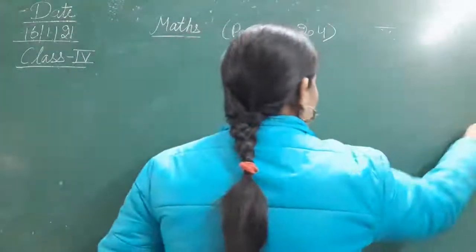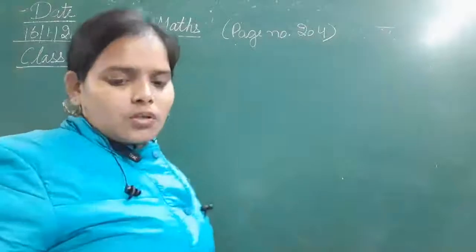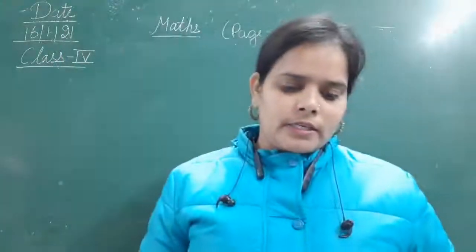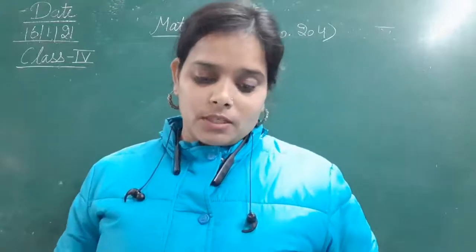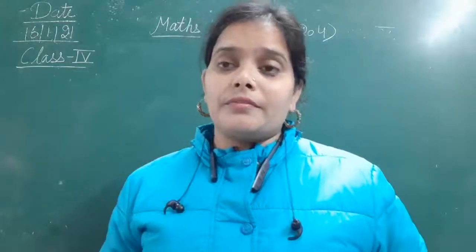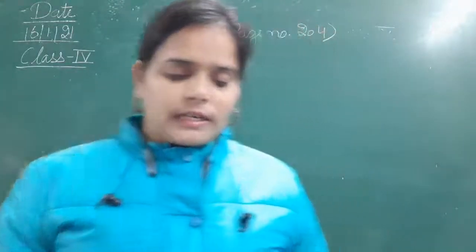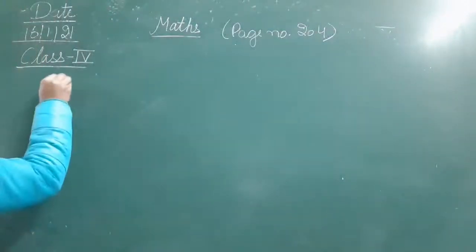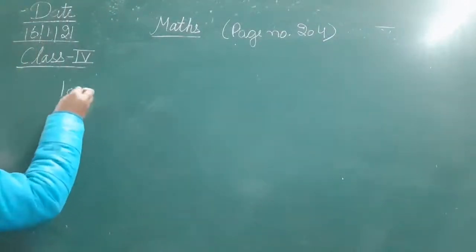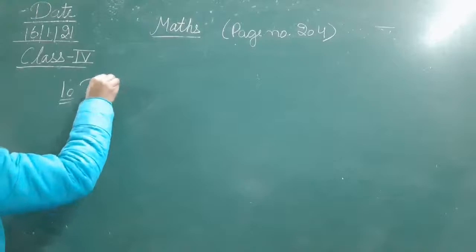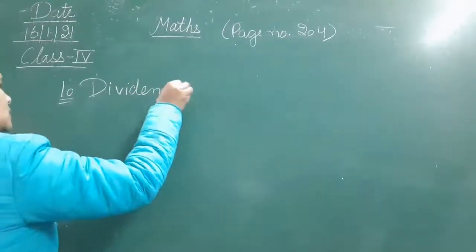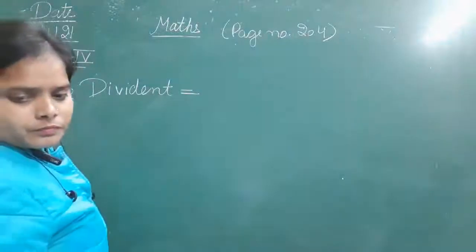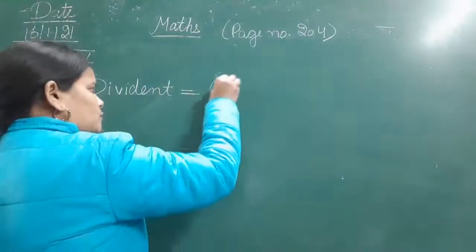Now I'm moving to question number 10. Question number 10 is: dividend is equal to quotient multiplied by dash plus remainder. So here they have given it like this. That is question number 10.